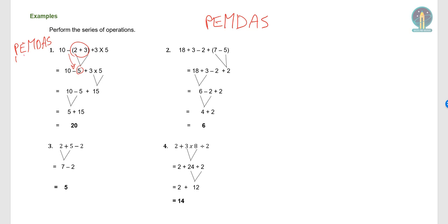Multiplication, we do have multiplication: 3 times 5, which evaluates to 15. And again the sign just carries over as is.